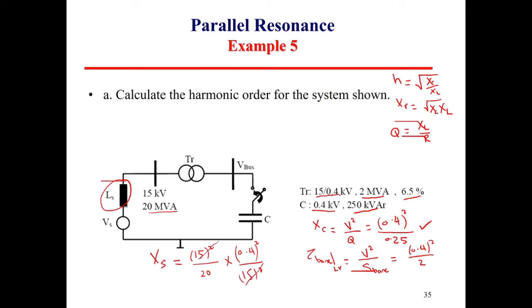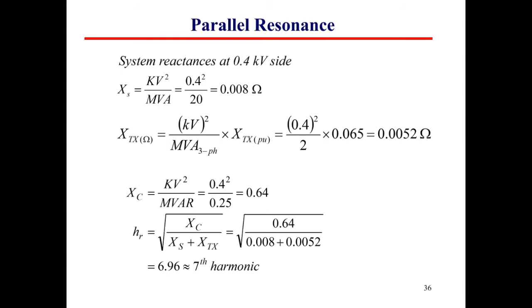So that will cancel that, so effectively it will be 0.4 squared over 20. That will give you the system impedance, and then we need that XL. This XL will be made from two components, from XT and from X source. The solution is given for you over here.